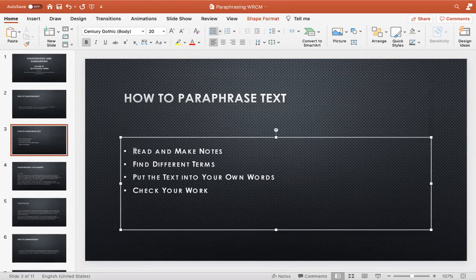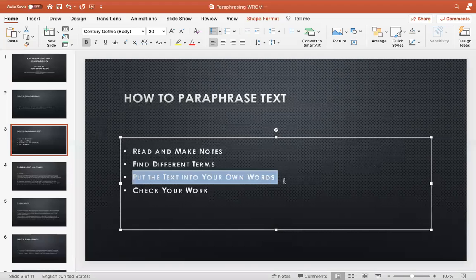When you are done with these first two steps, now is the time to put the text in your own words. So for example, a 10-line paragraph: you read it, you took the notes, you spotted the unfamiliar terms, and then you found out the meanings of those terms.